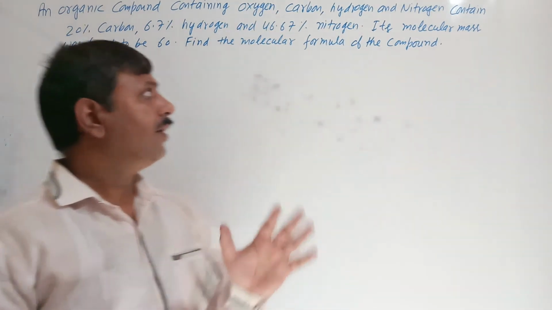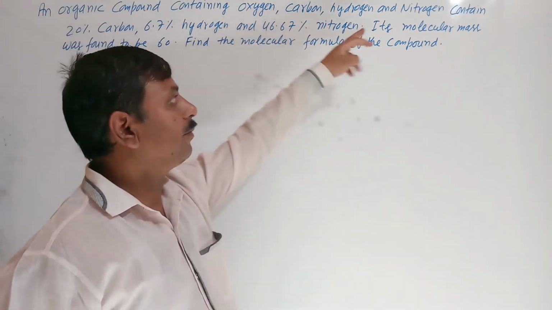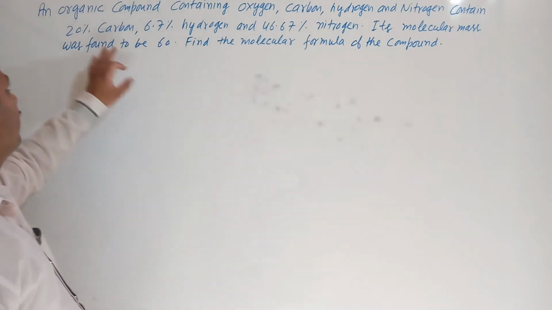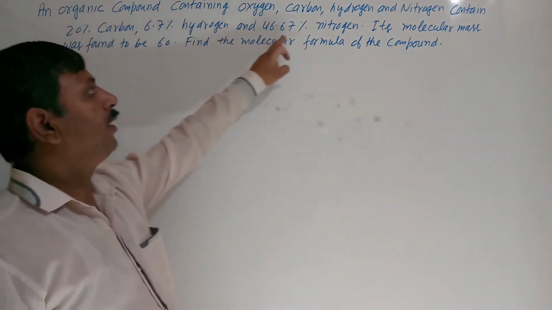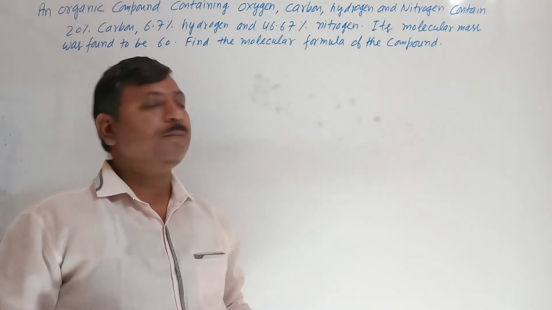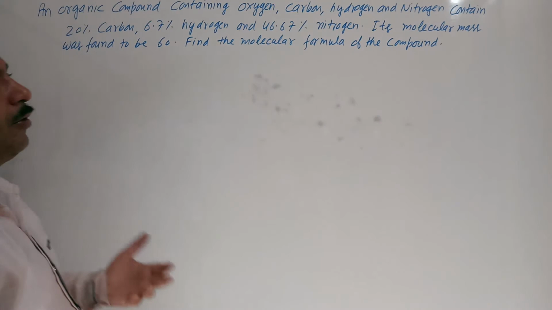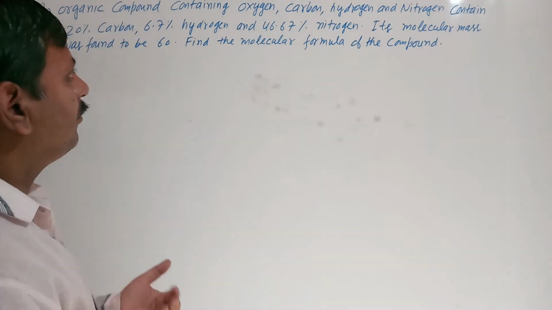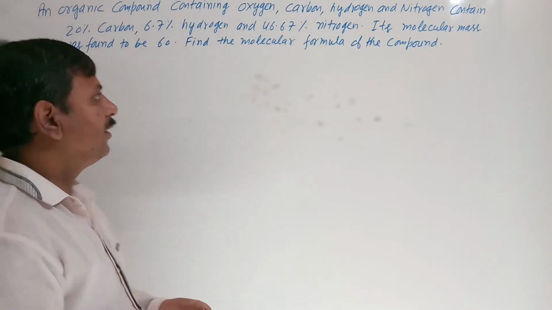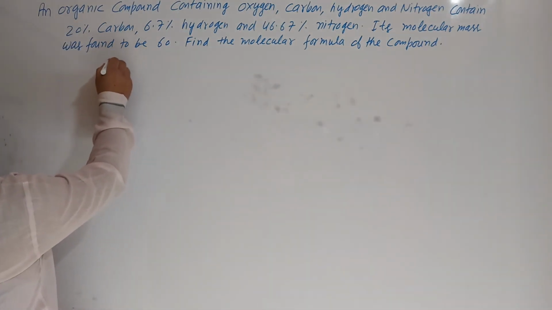See, that substance contains oxygen, carbon, hydrogen and nitrogen, but they have given only the percentages of carbon, hydrogen and nitrogen. The total percentage will be 100, so we can find the rest. Oxygen they have not given, so firstly we have to find the percentage of oxygen.